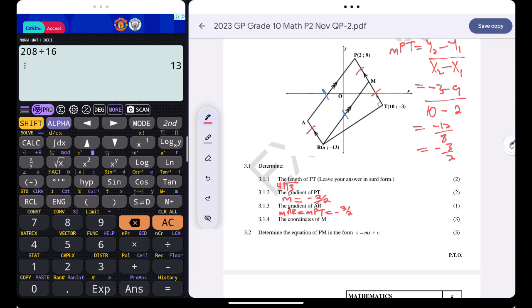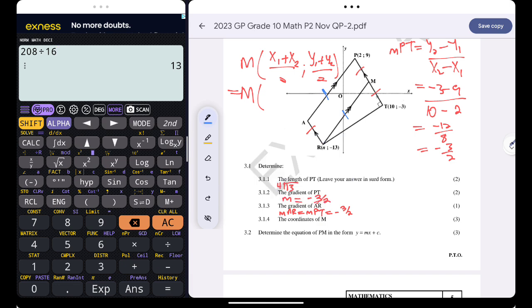Now I'm supposed to determine the coordinates of M. M is the midpoint, right? There is a formula for us to find the midpoint: x1 plus x2 all over 2, and y1 plus y2 all over 2. I'll just find the average, which is 2 plus 10 over 2, and 9 plus negative 3 all over 2.